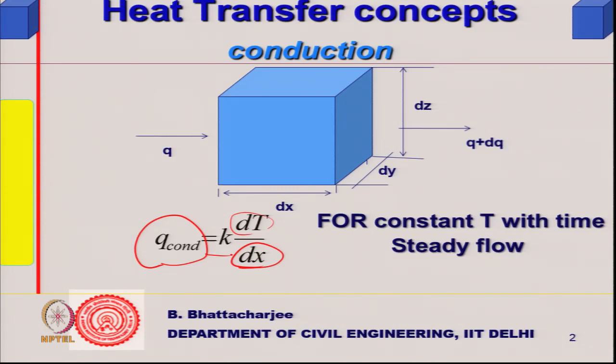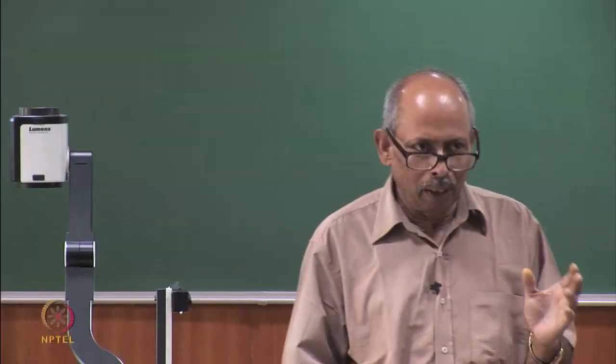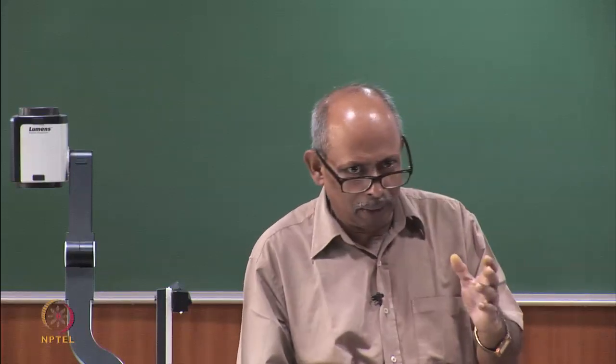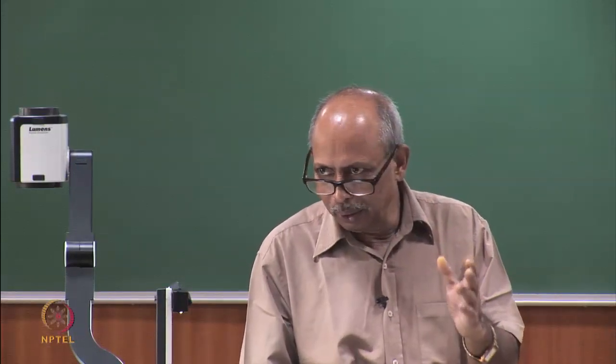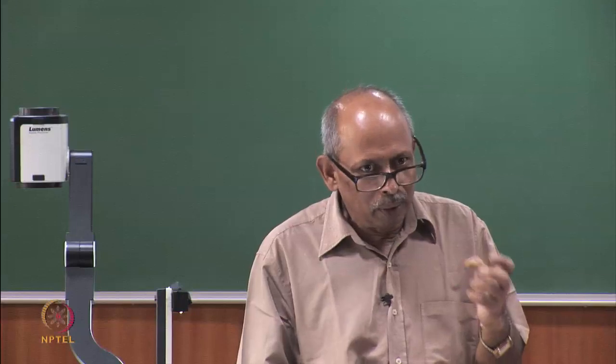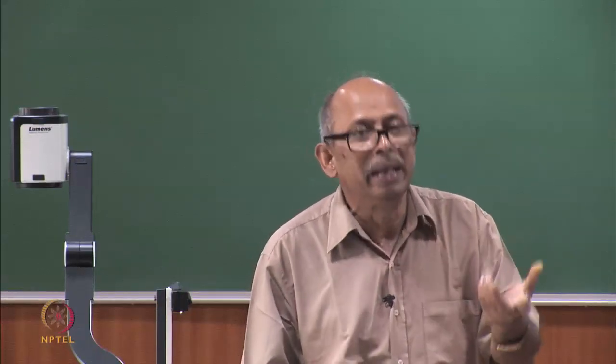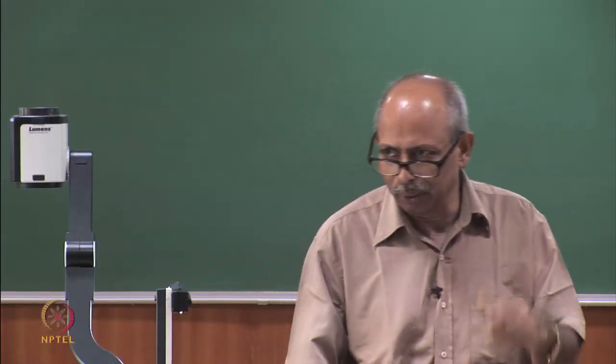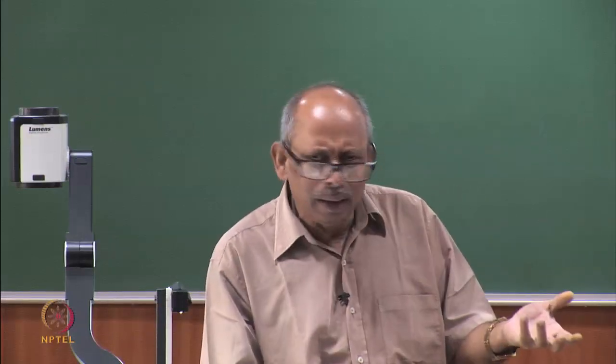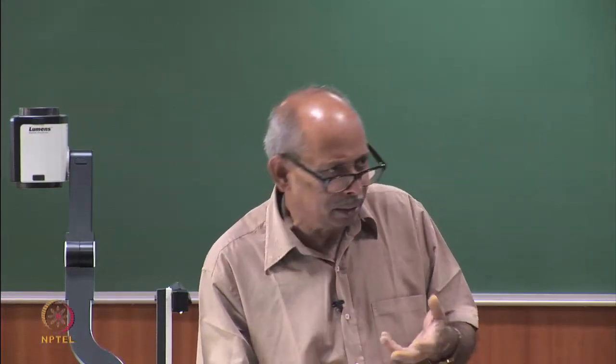You would have seen a similar equation, Darcy's law. In soil mechanics you would have come across Darcy's flow through porous media or soil, where the flow is proportional to the hydraulic head gradient.